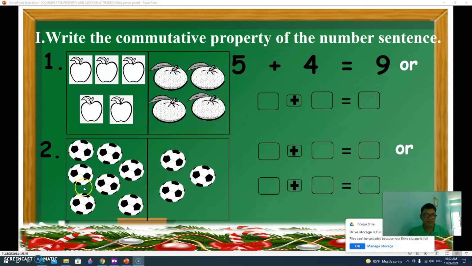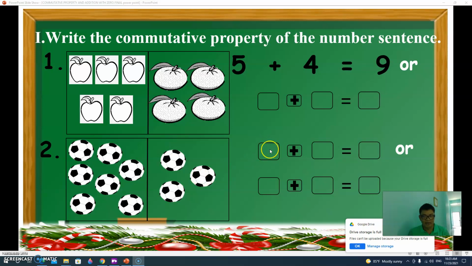For number 2, what are these? These are balls. How many balls are there? You count: 1, 2, 3, 4, 5, 6, 7. And another group is 1, 2, 3. So you write 7 plus 3 equals 1, 2, 3, 4, 5, 6, 7, 8, 9, 10.